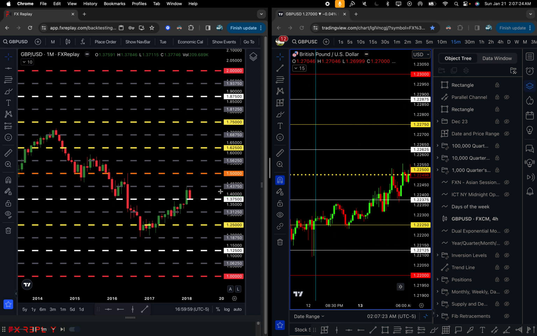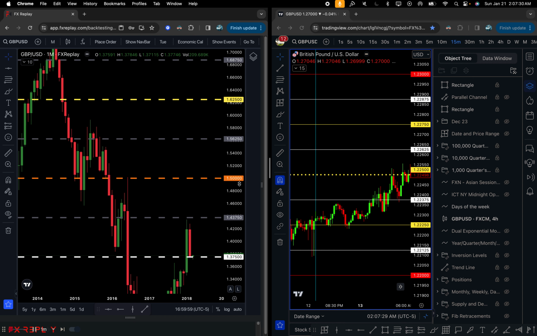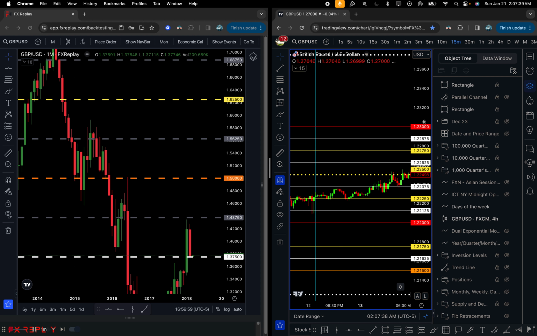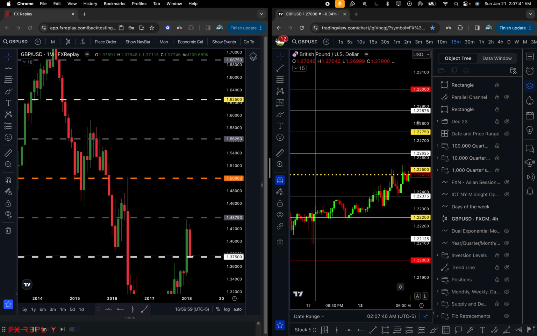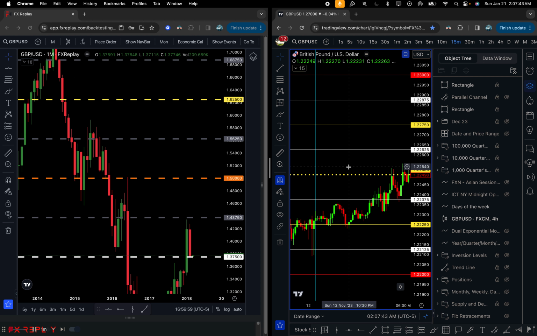But just understand that this is what this is, and there will be a case where, and that's what I was trying to show y'all, these gray levels are going to be taking the place of some of these levels, just like this one, like I was showing y'all.